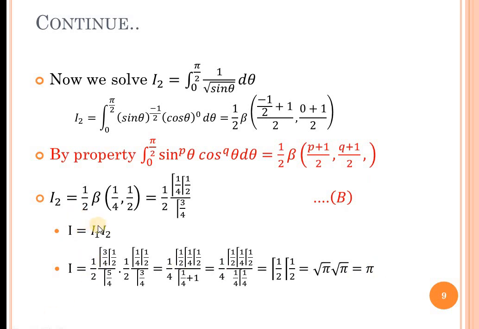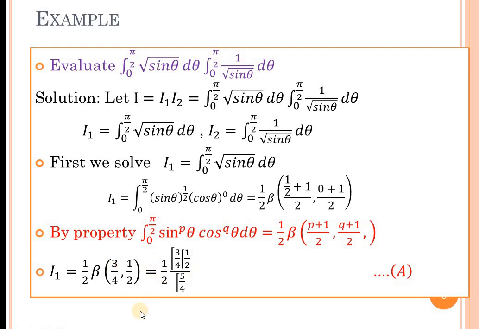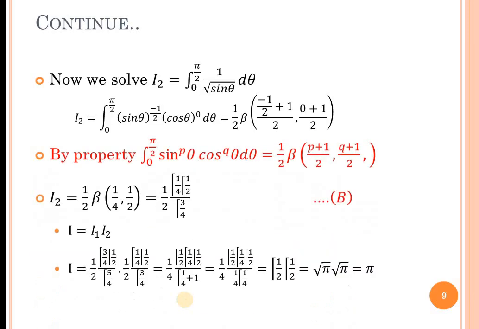Now the integral I is I1 into I2. So I substitute the value of I1 from equation A and I2 from equation B. It is 1 by 2 gamma 3 by 4 into gamma 1 by 2 upon gamma 5 by 4, times 1 by 2 gamma 1 by 4 into gamma 1 by 2 upon gamma 3 by 4.